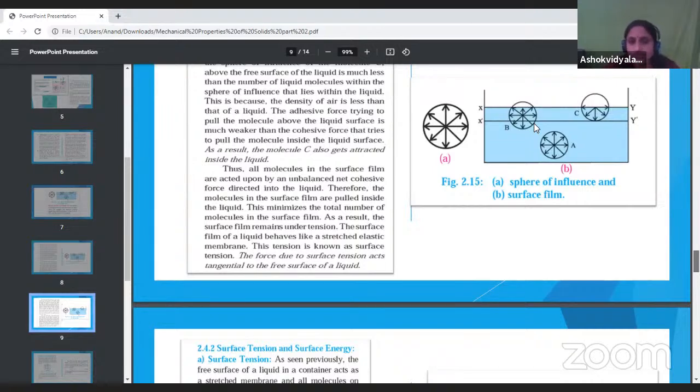That is, the force due to surface tension acts tangential to the free surface of liquid. This tangential force on the free surface of liquid is nothing but the surface tension. On the basis of molecular theory, that is point A, point B, point C, we have seen that the surface tension is nothing but the tangential force acting on the free surface of liquid.